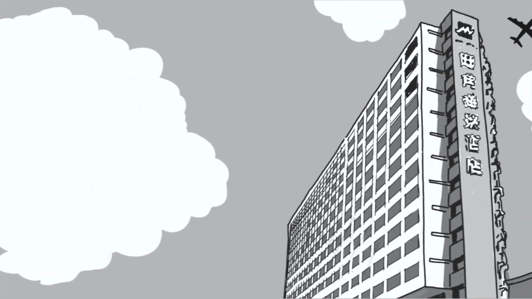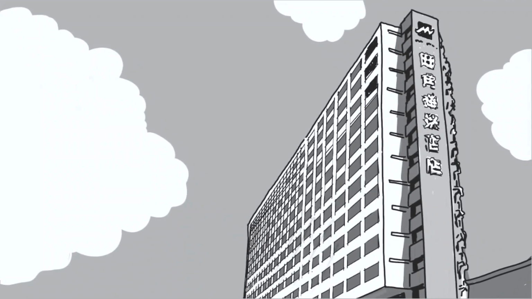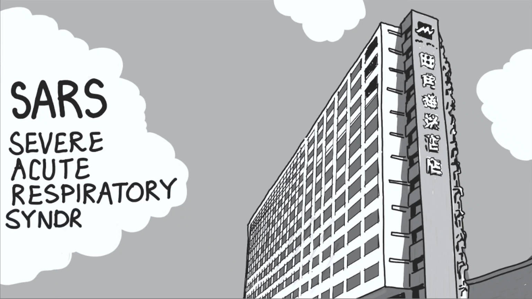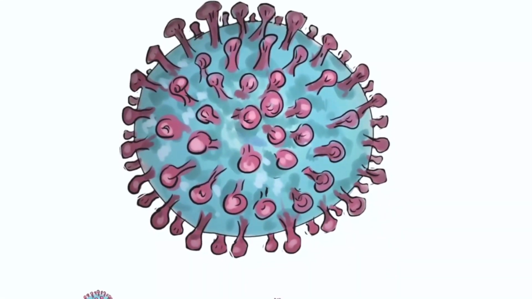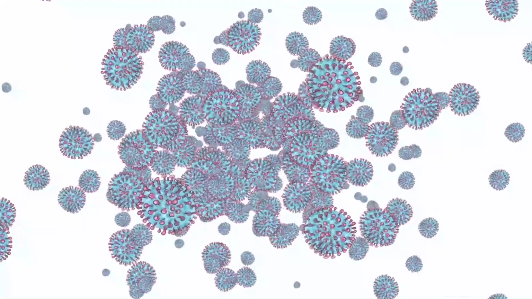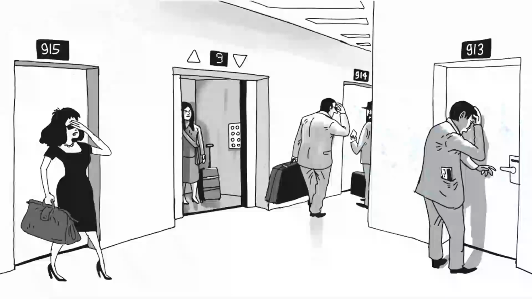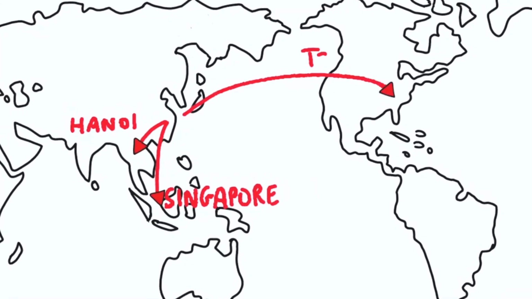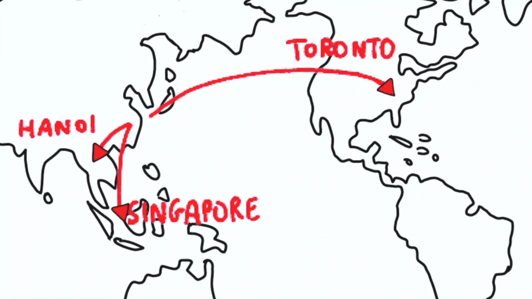Unknown to him, he was harboring a new animal origin virus called SARS, short for Severe Acute Respiratory Syndrome. Within 24 hours of checking into room 913, 16 other guests had been infected, and over the following days, 5 boarded planes to overseas destinations, spreading the virus to Vietnam, Singapore, and Canada.